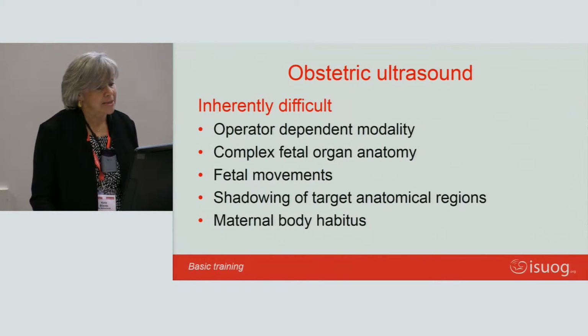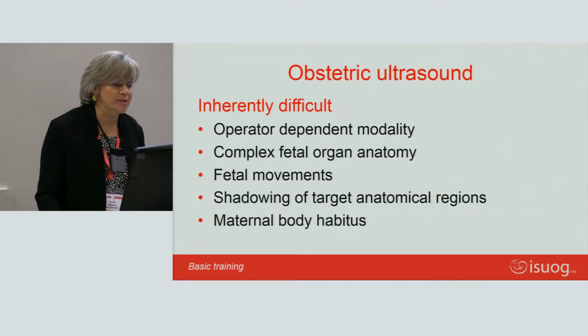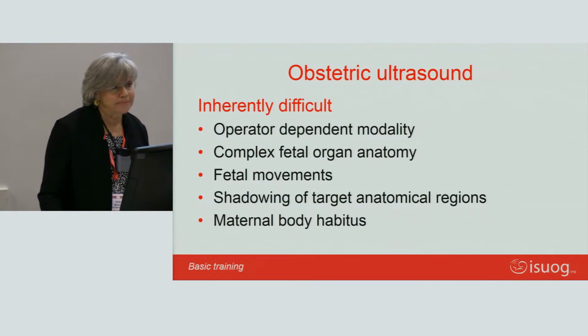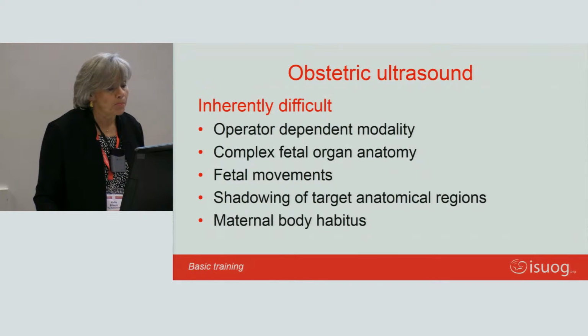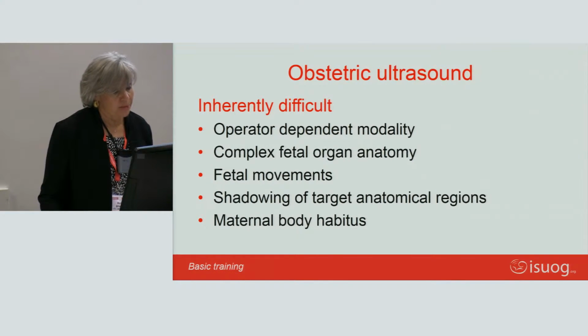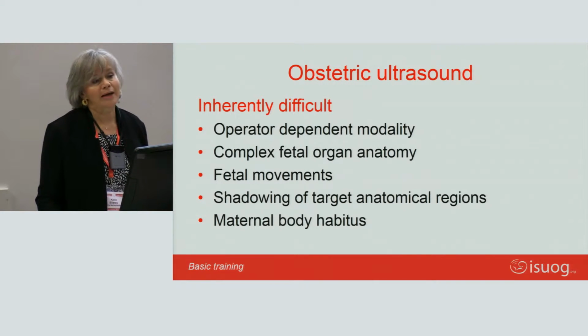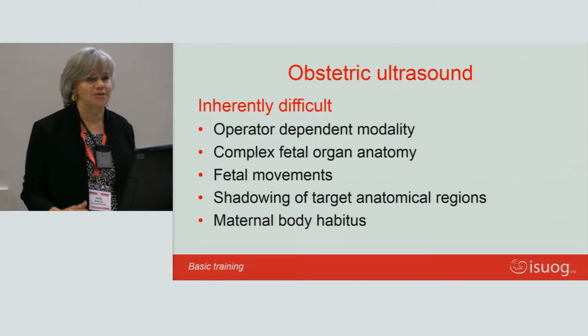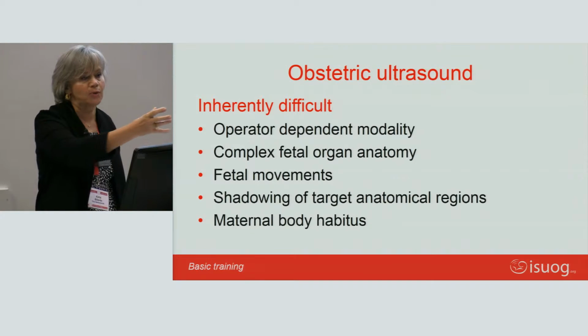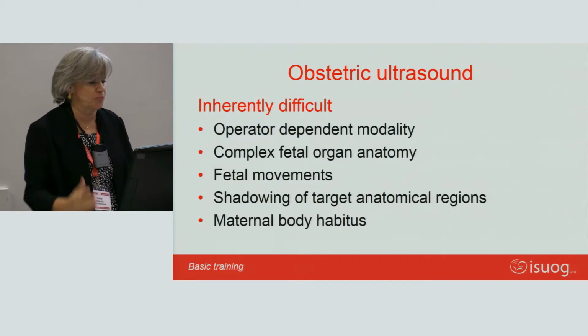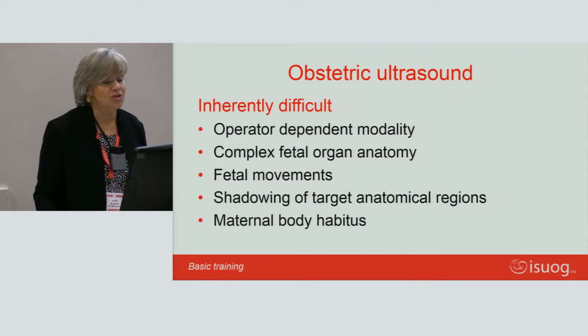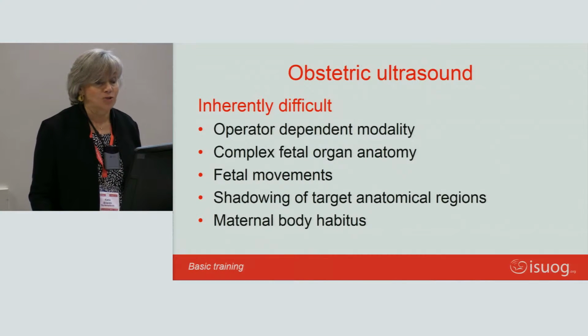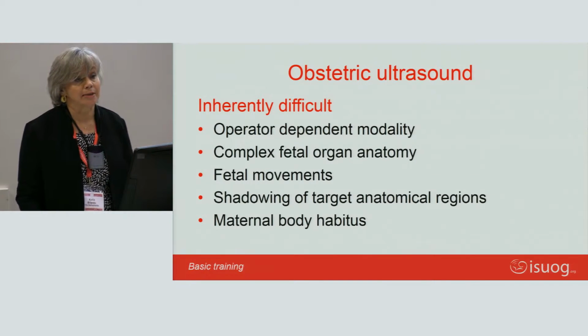And we have to realize that obstetric ultrasound has some inherent difficulties, which depend on the operator, on the complexity of the anatomy of the fetal organs, on the fact that the fetus is moving, and sometimes we have to follow the fetus. It's not that we use certain movements and we will see everything, because the fetus may change position, and there is some shadowing of anatomical regions that we want to investigate.